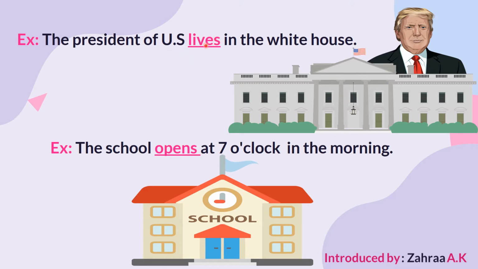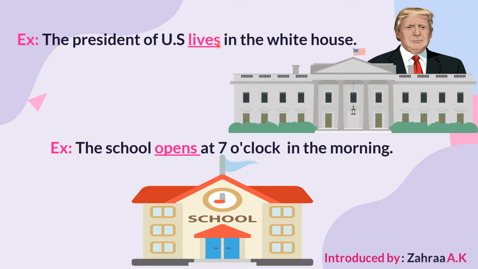This is the main verb. الفعل هو live أصلا, but what did we add to it? We added s as third person singular, باعتبار the president of US is singular. إذن راح أضيف s الشخص الثالث.